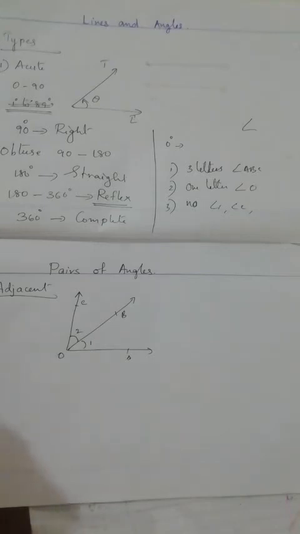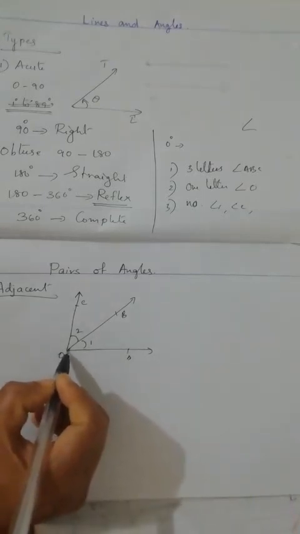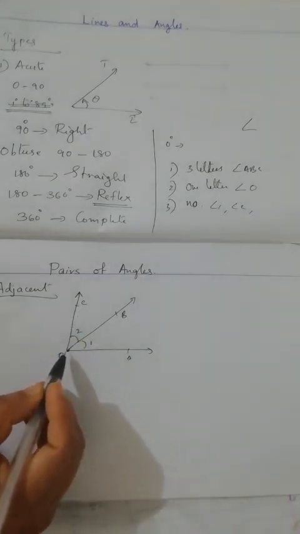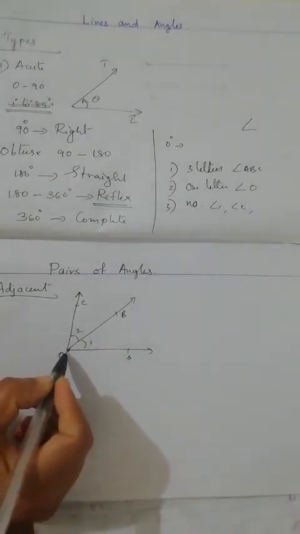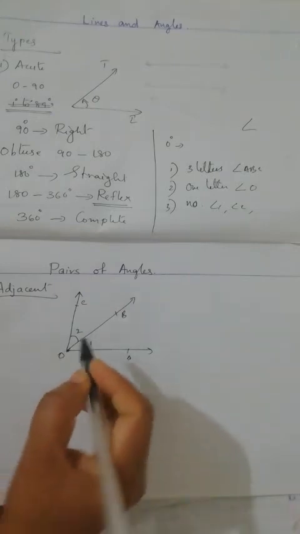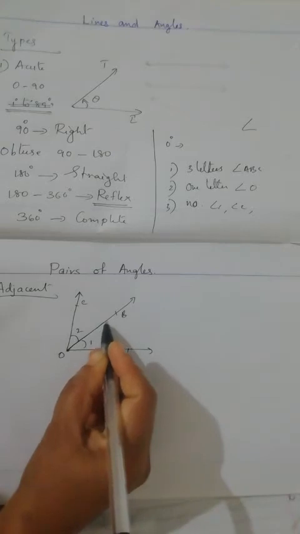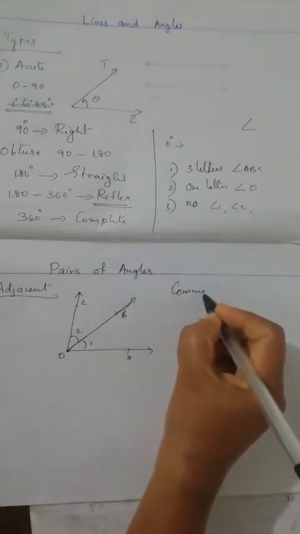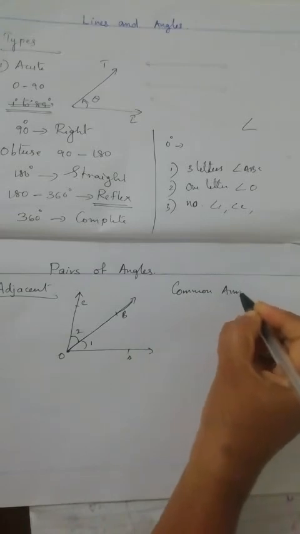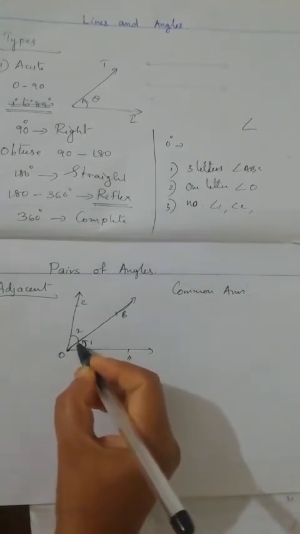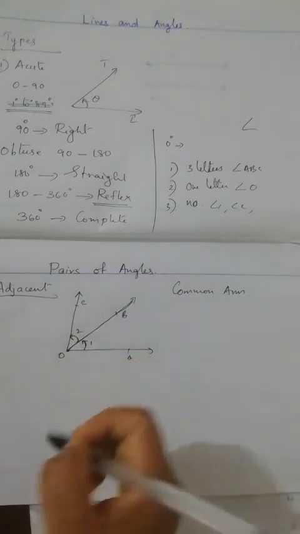All rays are starting from this vertex, so we call it a common vertex. Then OB is the common arm of angle 1 and angle 2.